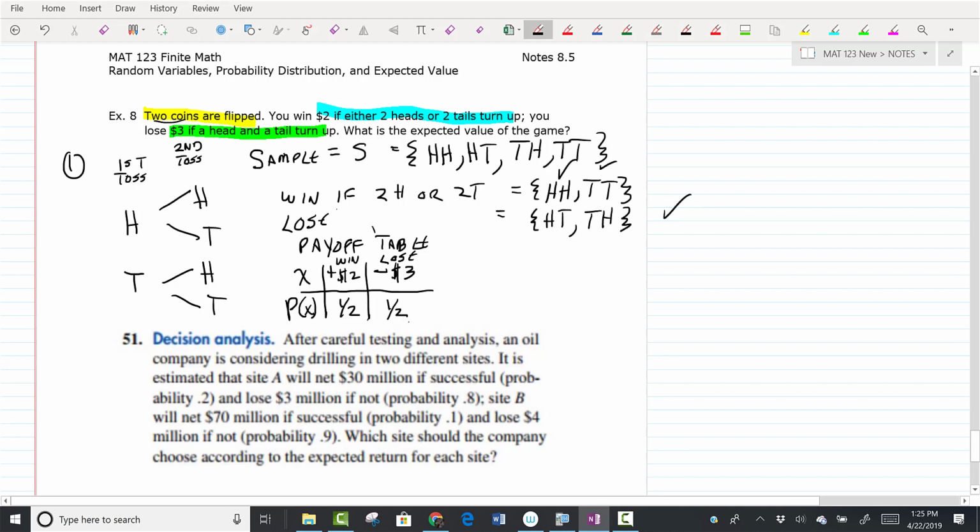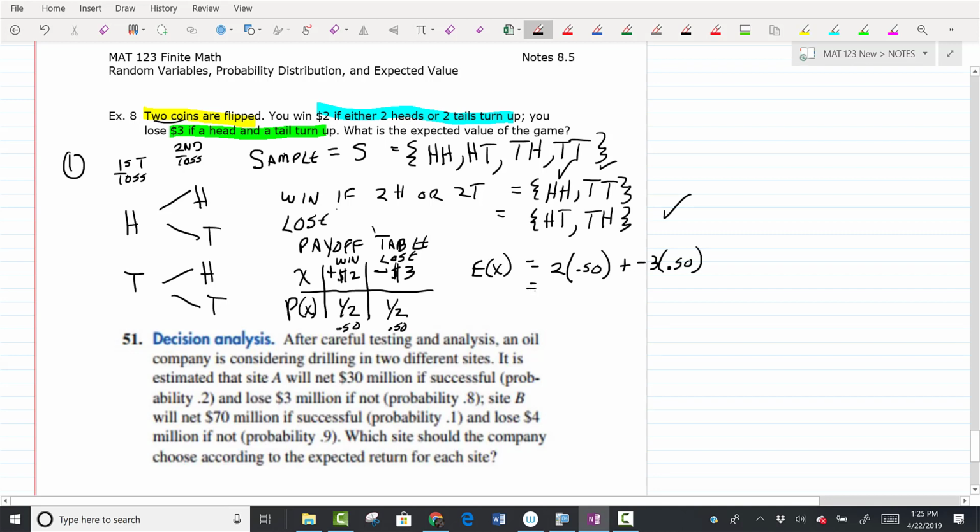Okay, now we're going to see what the expected value is, and we'll see if you're going to lose in the long run or win in the long run. So once you got that payoff table done, then you do the expected value. So you would do $2 times 1/2. Now I'm just going to write these halves as decimals, 0.50. So I do 2 times 0.50 plus, then I do -3 times 0.50 like that.